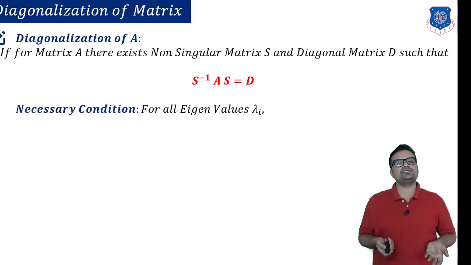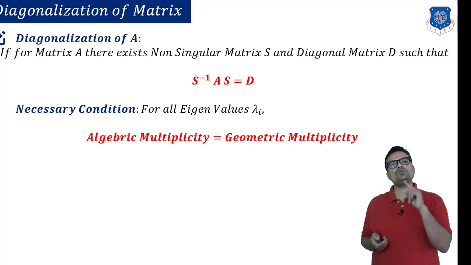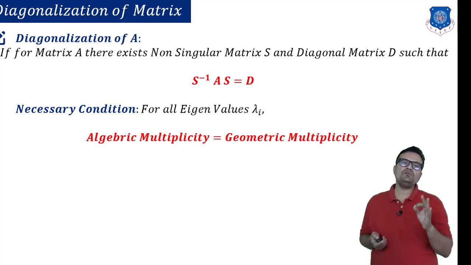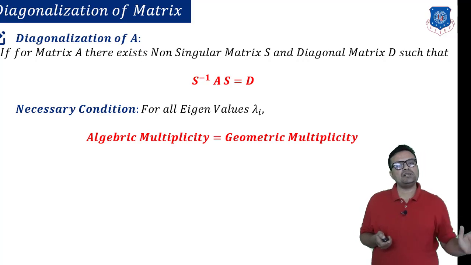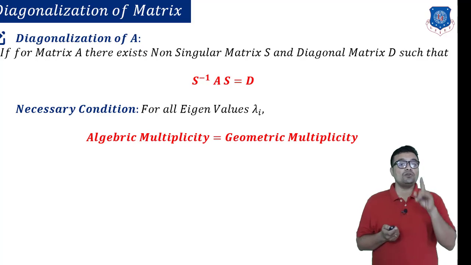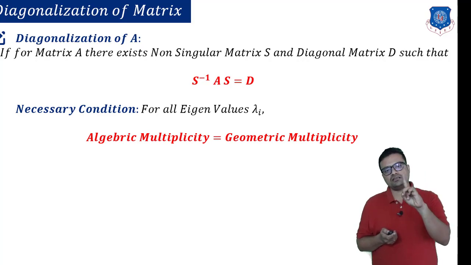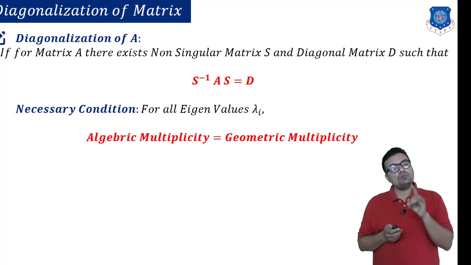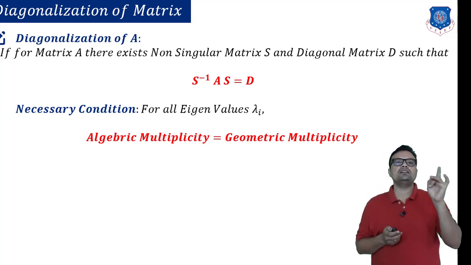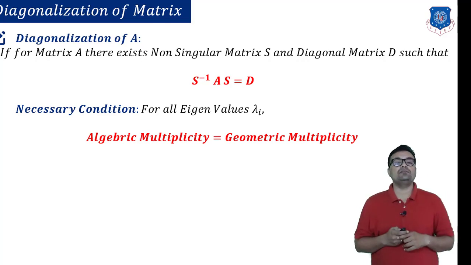Now, the necessary condition, or when diagonalization is possible: this is possible if and only if for each and every individual eigenvalue, algebraic multiplicity is equal to geometric multiplicity. We know that algebraic multiplicity is the number of repetitions of eigenvalue in the spectrum of A. Geometric multiplicity is the number of vectors involved in the eigenvector, or you can say free variables.